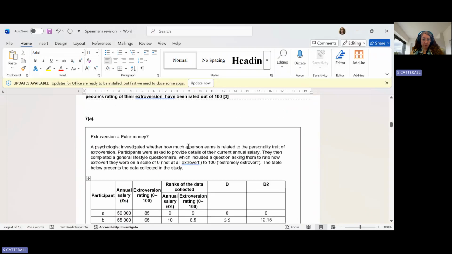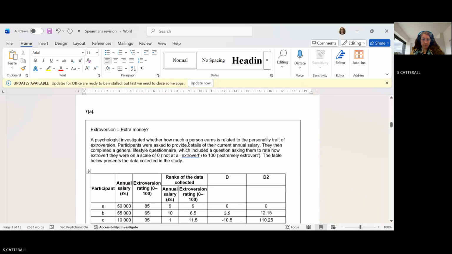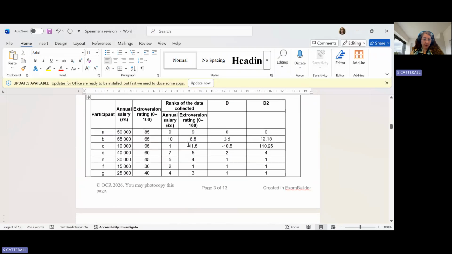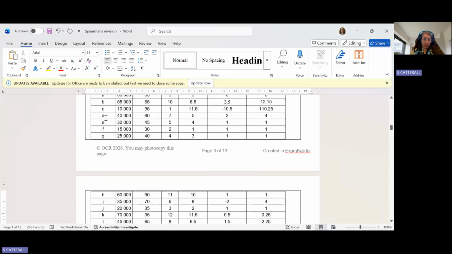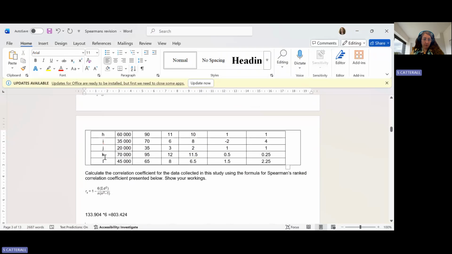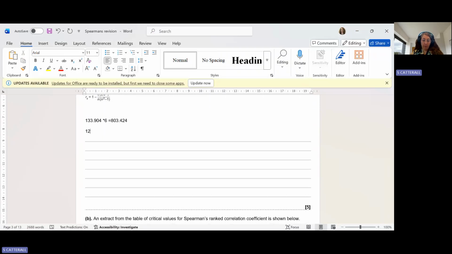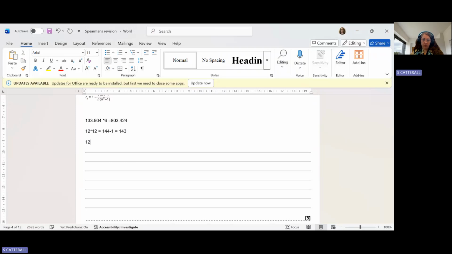So this time, how many participants have we got? It doesn't tell us, so let's count them up. 1, 2, 3, 4, 5, 6, 7, 9, 10, 11. We've got 12 people this time. So we want 12 times 12, which is 144, minus 1 equals 143. And then we want 12 times 143, which is 1,716.